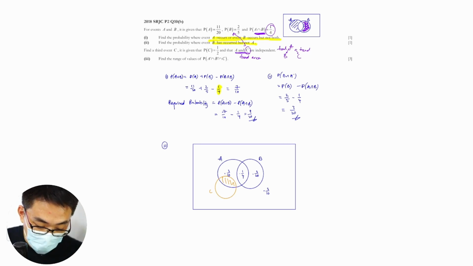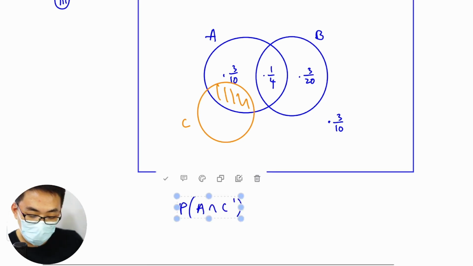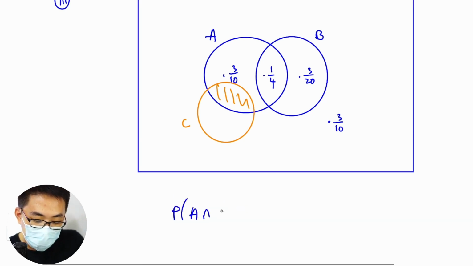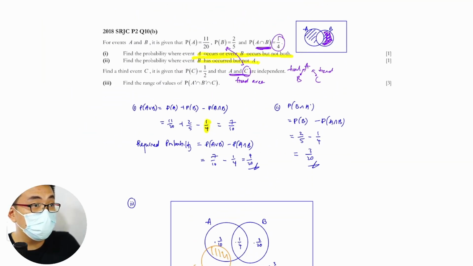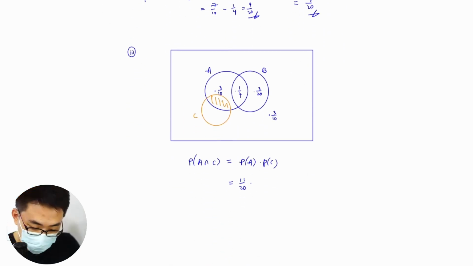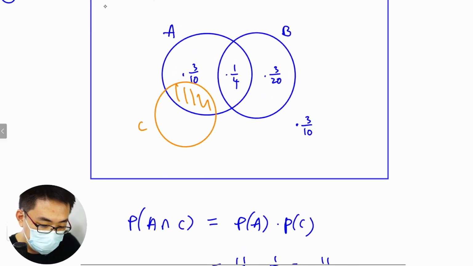So we need this outside later. First we find the probability of A intersect C. Because A and C are independent, it's P(A) times P(C). P(A) is actually 11/20, and P(C) is actually half. So this is 11/40.